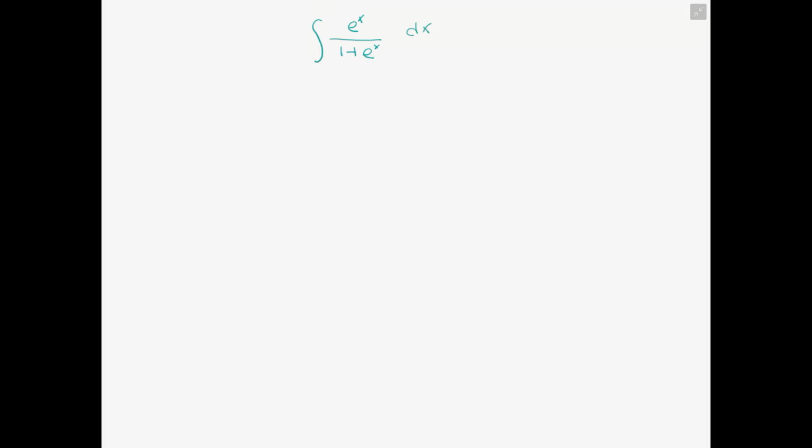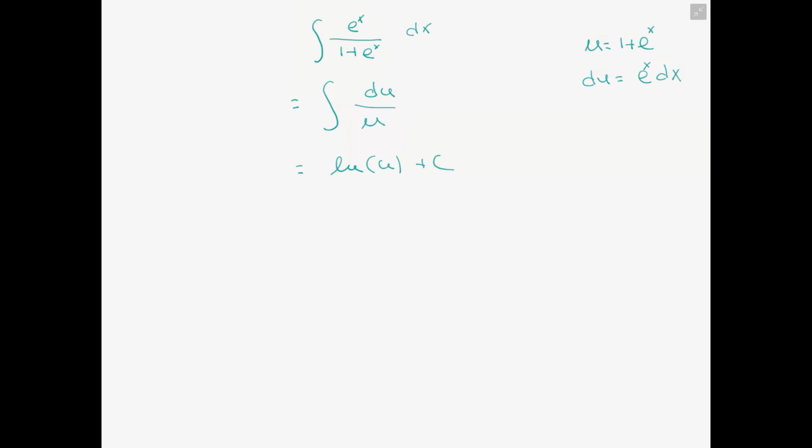This one appears a little more complicated. E to the x on 1 plus e to the x dx. And let's try u equals 1 plus e to the x, du equals e to the x dx. And that's what we've got here.